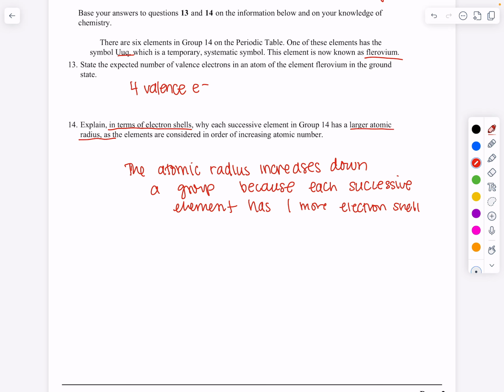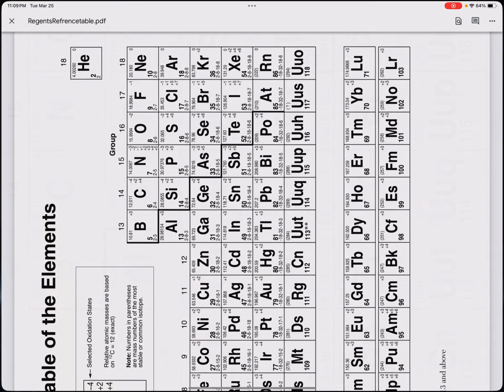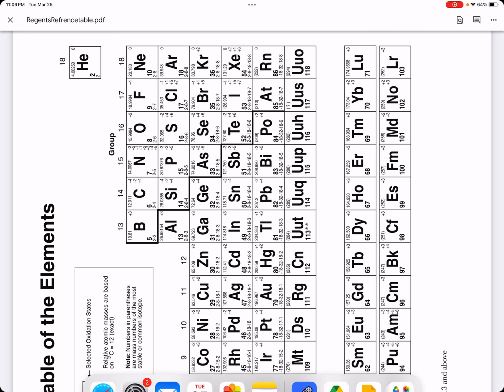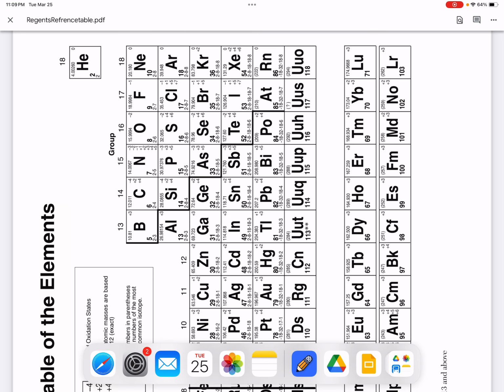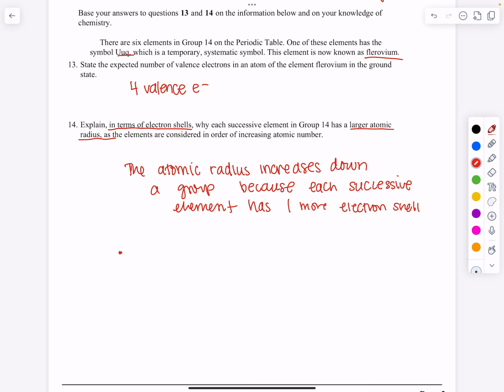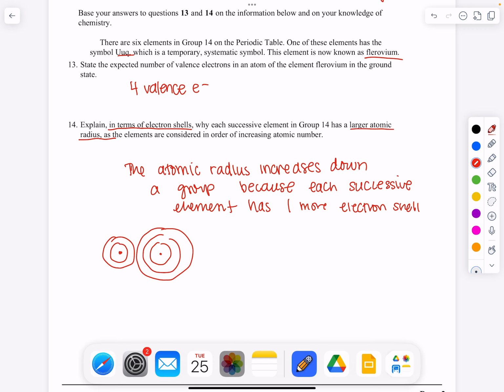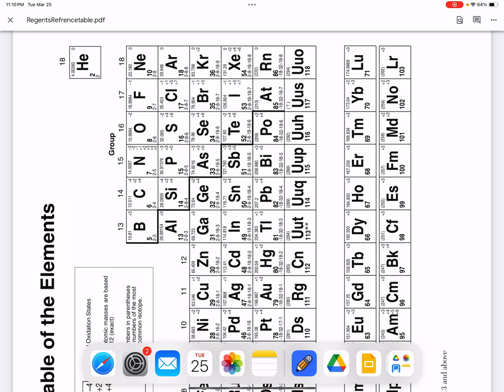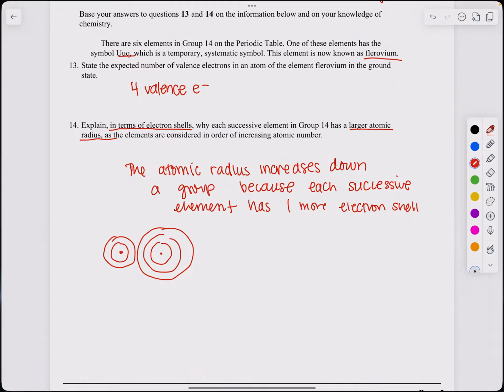Right, so if I just draw a mini model, carbon has 2 shells, silicon has 3 shells, just to think about it. This is carbon. It just keeps getting bigger and bigger and bigger. That's how it will go. All right. Next question.